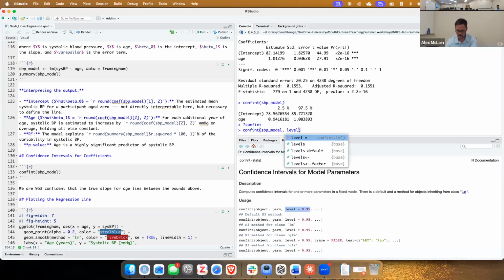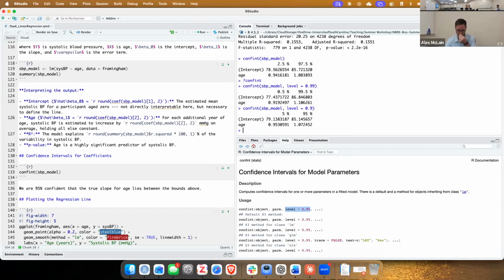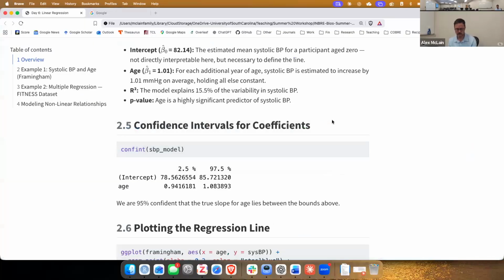If I say level equals 0.99, this would give me a 99% confidence interval. And we see that the 99% confidence interval is going to be wider than the 95%. I could say 0.9 to give me a 90% confidence interval, and that's going to be more narrow than the 95% confidence interval. So we could get anything we want.